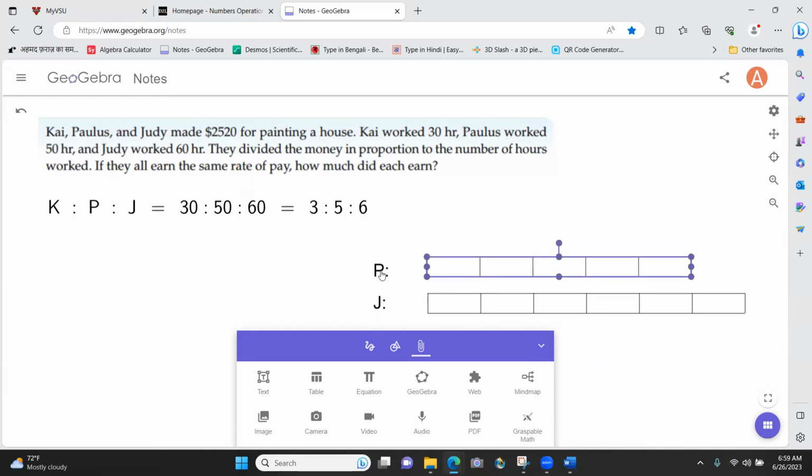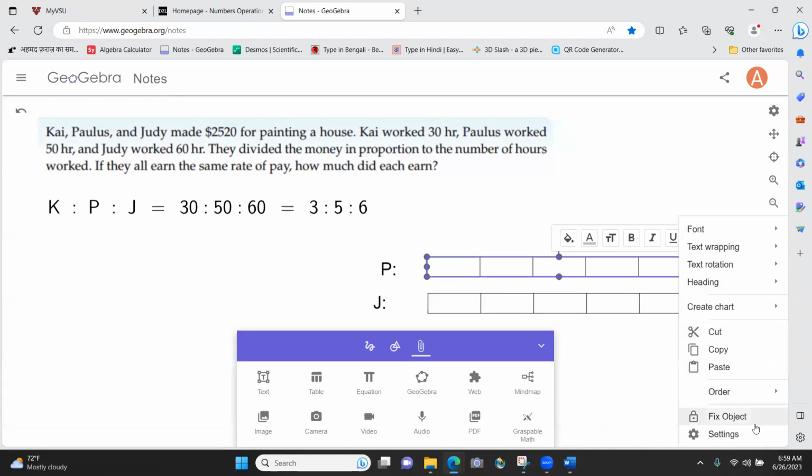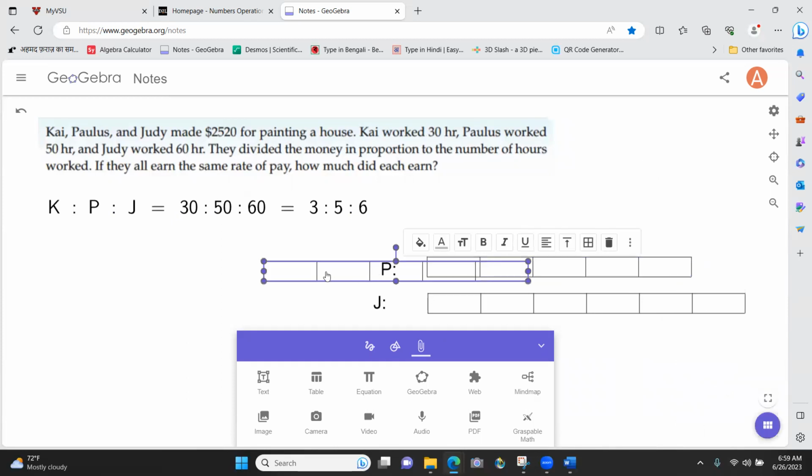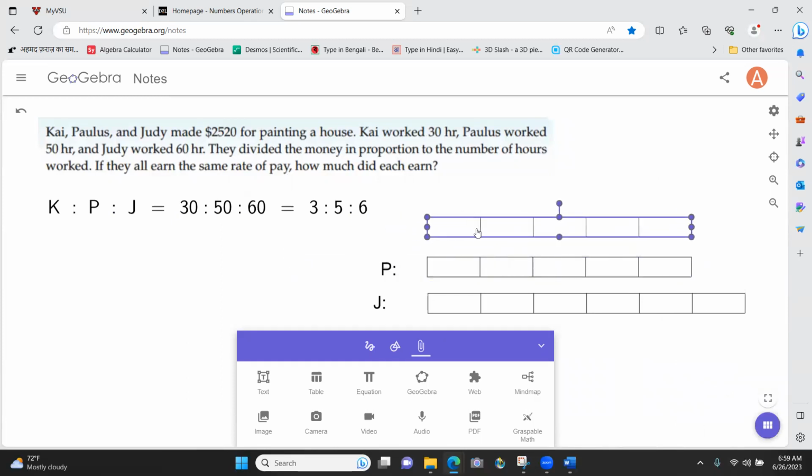It's based on the number of hours they worked, and it makes sense. You want to be fair. And I'm going to give him 3 parts.